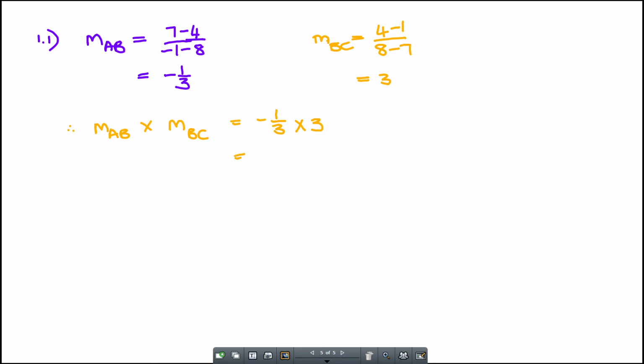And how much does that give me? Minus 1. And because it gives me minus 1, I can say, therefore, AB will be perpendicular to BC. And because they're perpendicular, it means that angle B will be 90 degrees. Any questions there? Is julle reg? Okay, nou, kom ek trek hom net gou vir julle so min of meer.